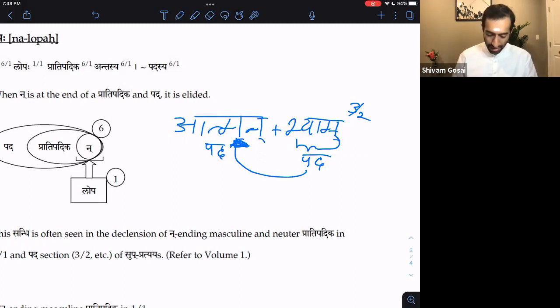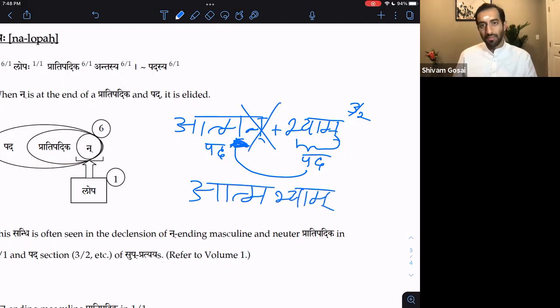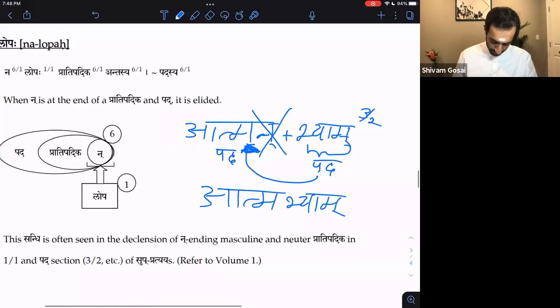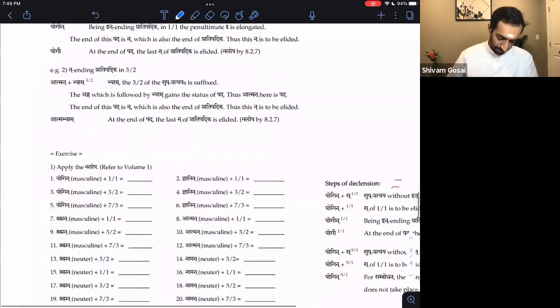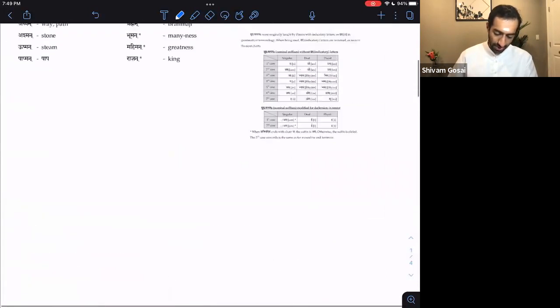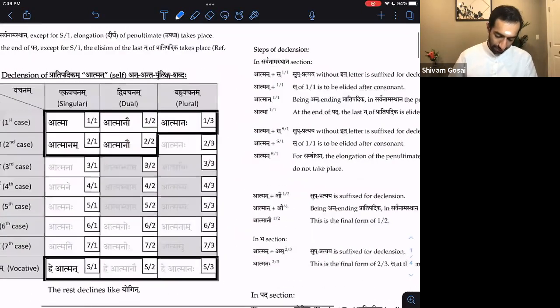So now I have a nakara, which is at the end of a pratipadika and pada. So now that nakara goes away and I'm left with atma. We saw this in Yogin as well. That's where this also came up.